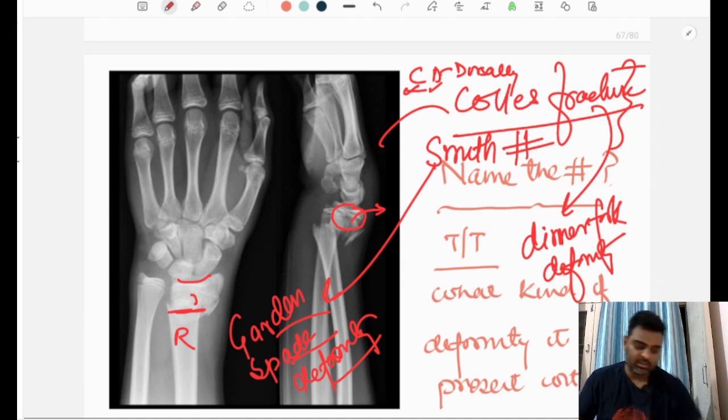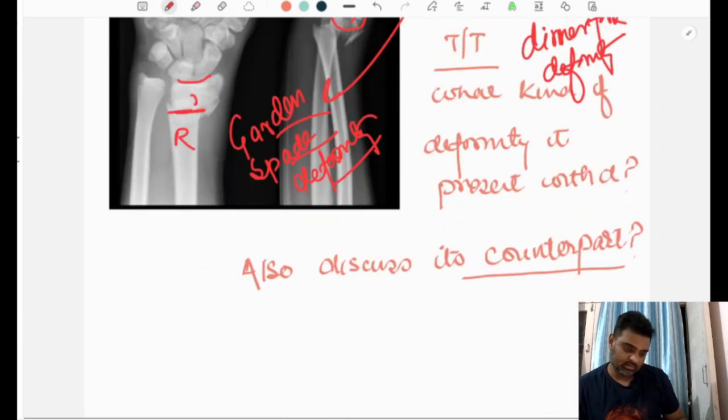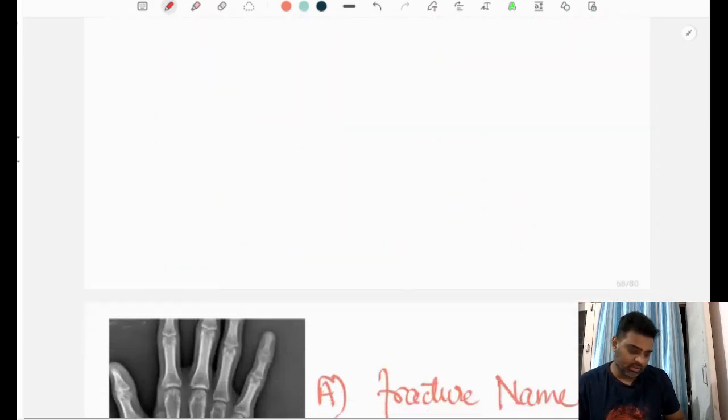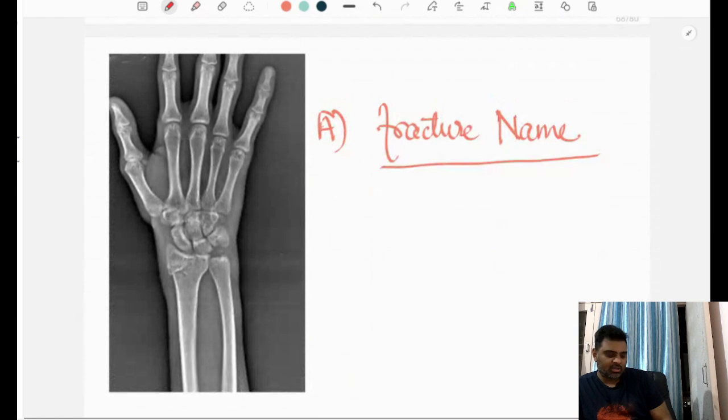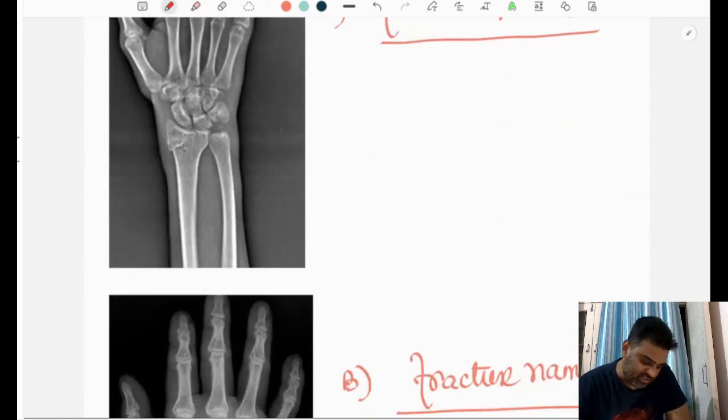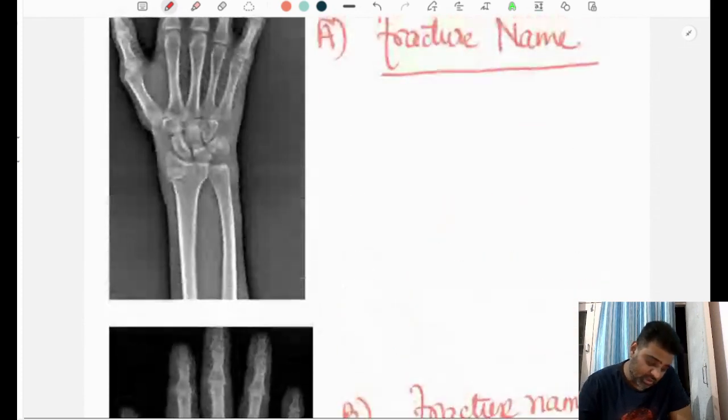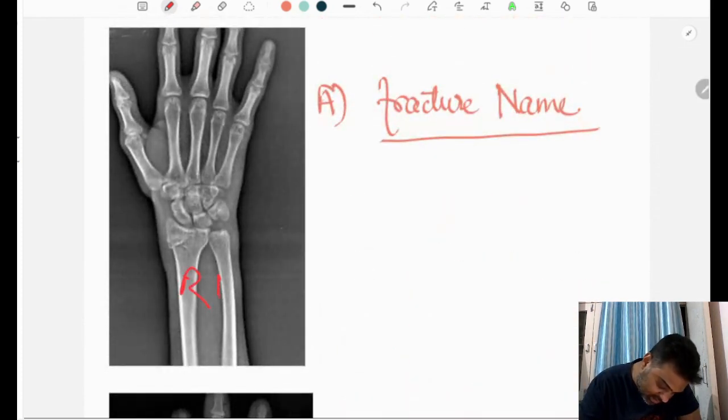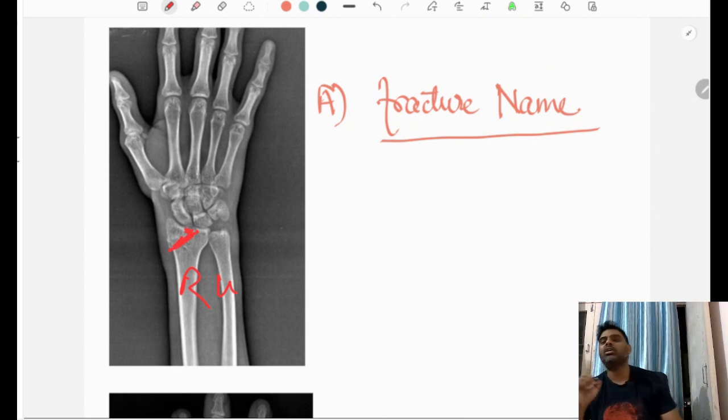Now if you see this fracture, these are two fractures present in front of you. This is the radius, this is the ulna, this is also a fracture of the radius, but it is involving the articular surface. So this is not a Colles fracture.